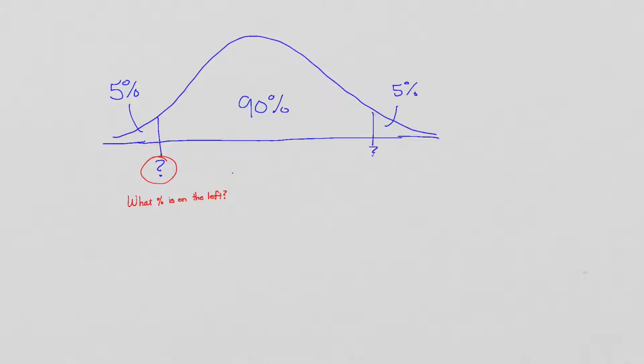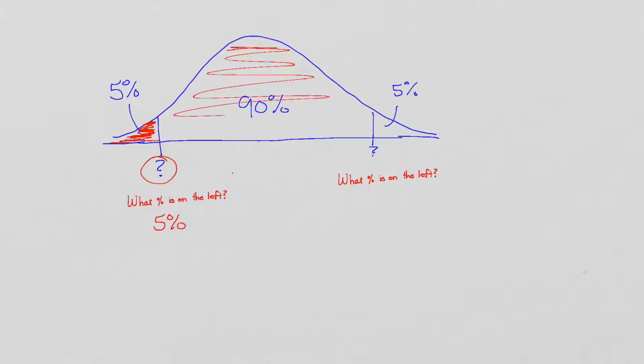That would be this percentage right here, which is 5%. But now I need to ask that same question on the right-hand side. What percentage is on the left? Now the percentage on the left is not just the bottom 5% here, but also all of this as well. So 5% plus another 90%, and that gives me 95%.